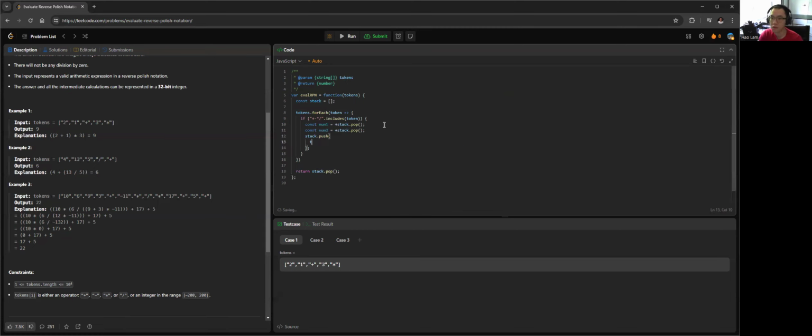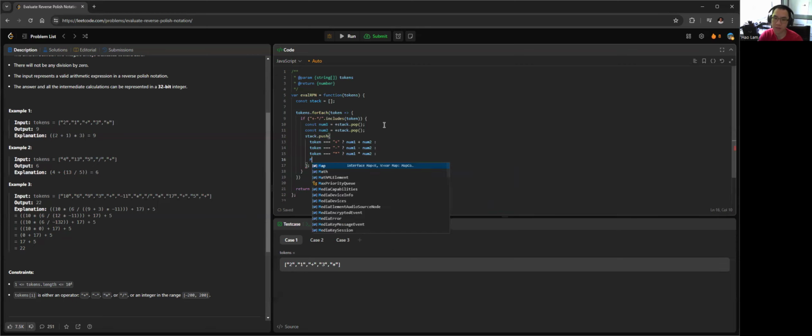If token is equal to plus, it's num1 plus num2. Otherwise, if token is equal to minus, then it's num1 minus num2. Else, if token is equal to multiply, it's num1 times num2.